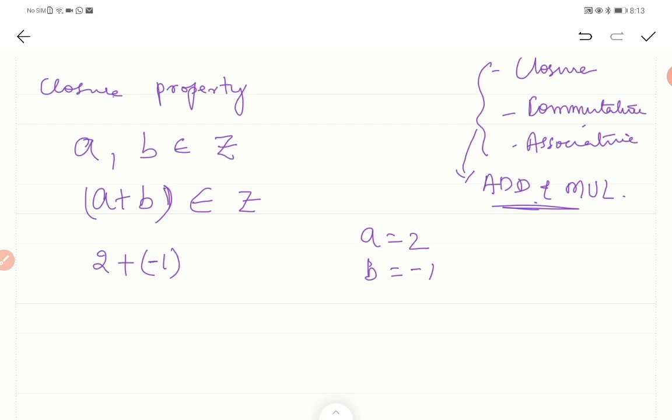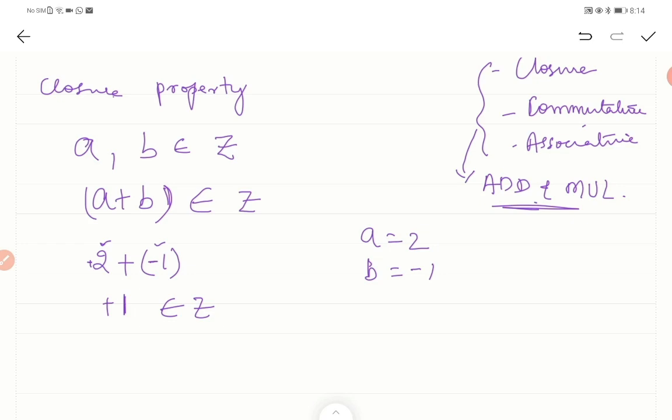You subtract, since one is plus and one is minus, so the answer will be plus 1. So this belongs to integers, right?